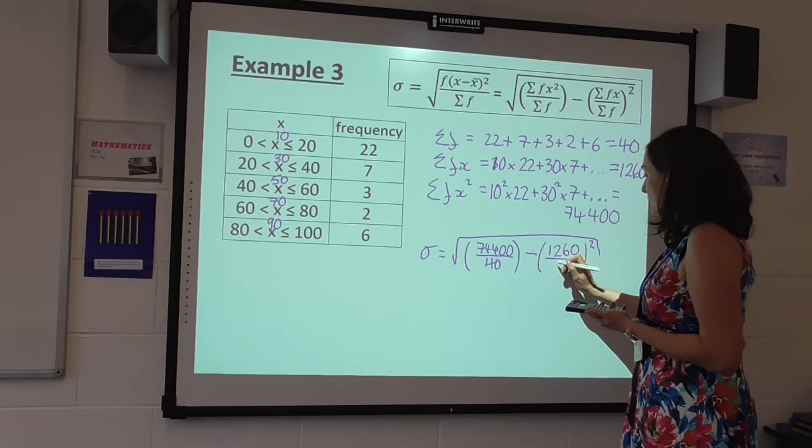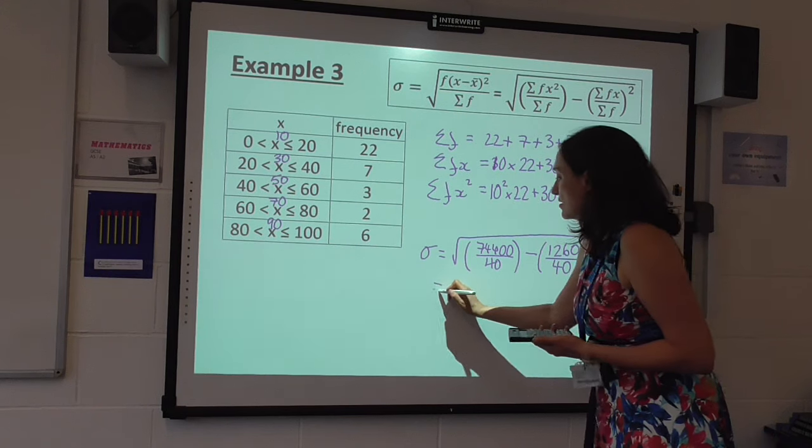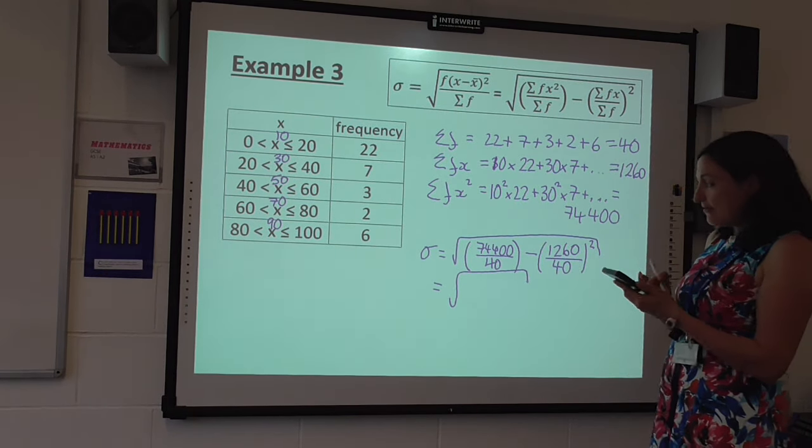Bit less talking this time. So we've subbed in the numbers, used the calculator to work out the variance.